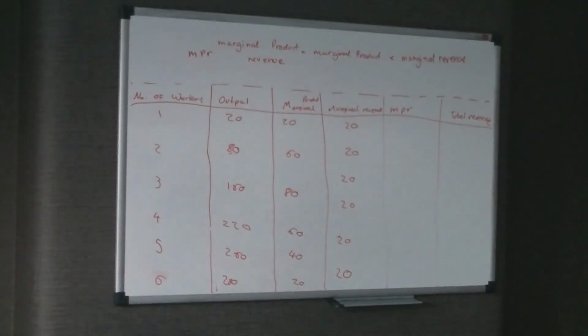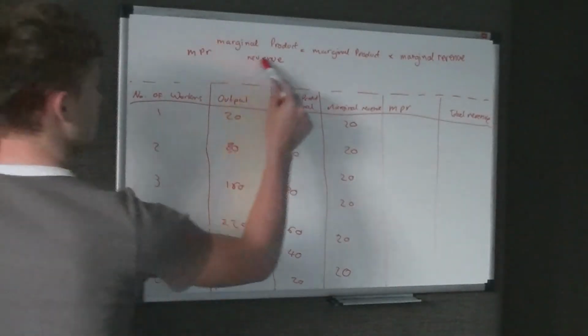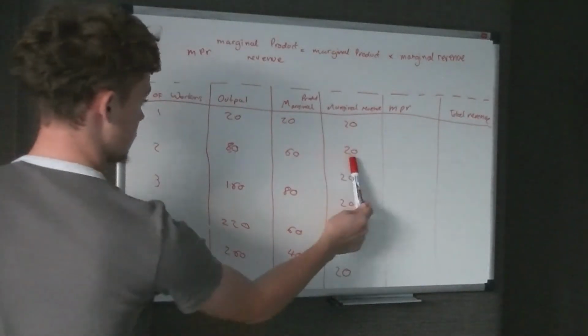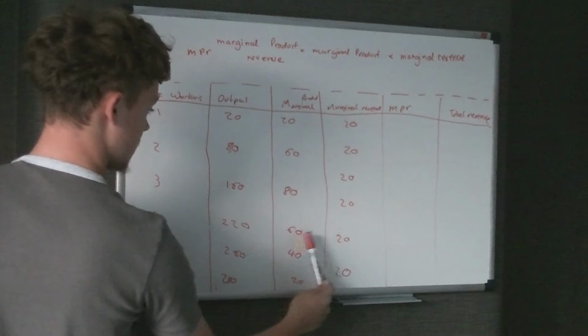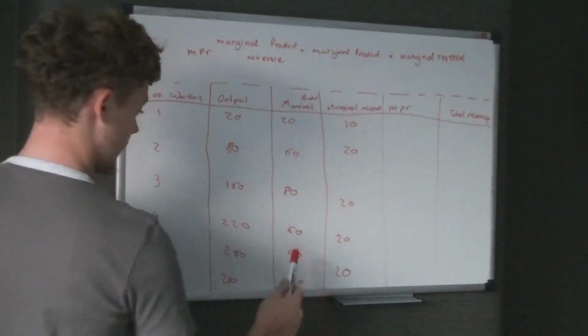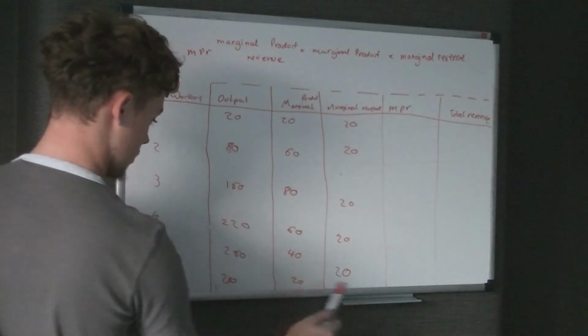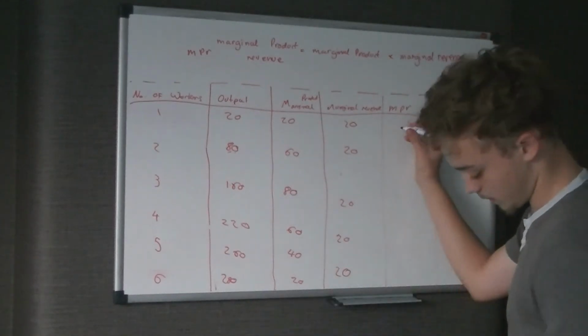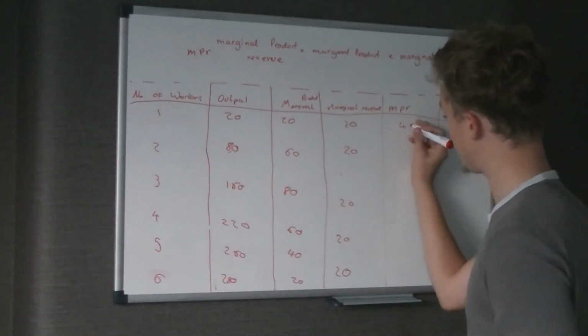And then the marginal product revenue, if we use our formula of marginal product times marginal revenue, we're just doing 20 times 20, 60 times 20, 80 times 20, 60 times 20, 40 times 20, and 20 times 20. If we work with those figures, then that gives us the initial 20 times 20 is £400.